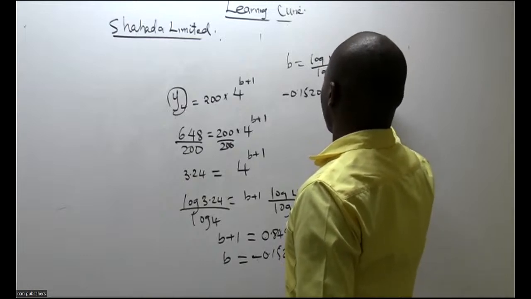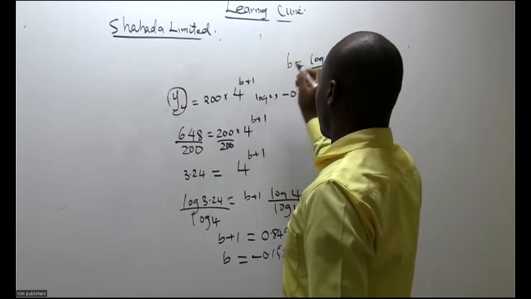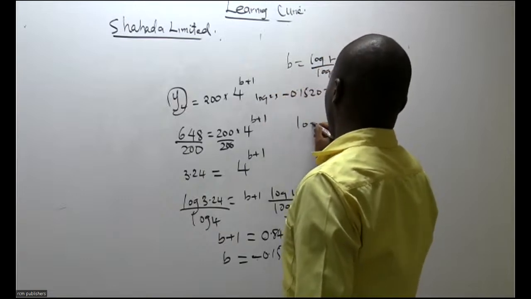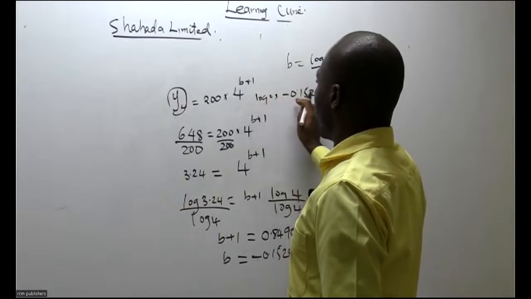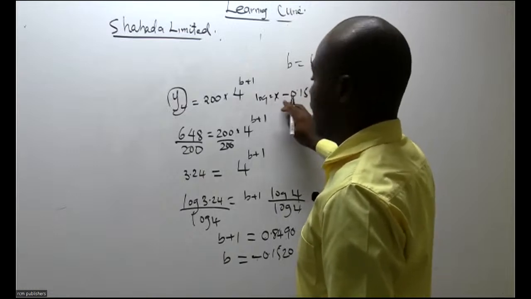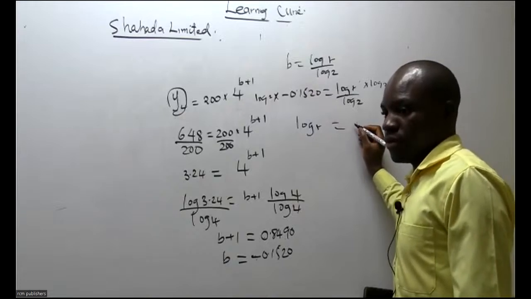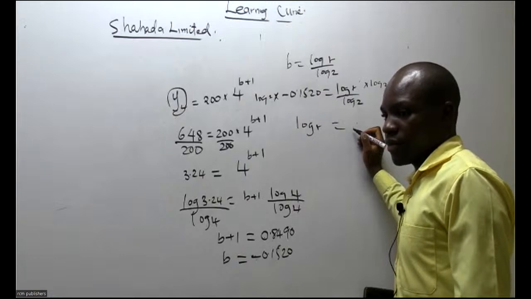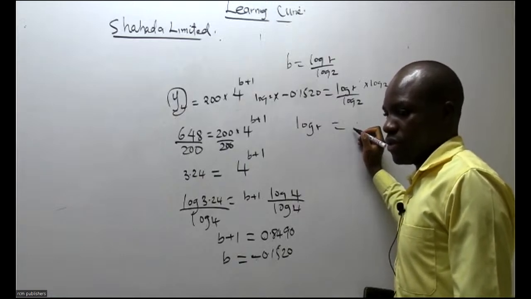So multiply both sides by log 2. Log R is equal to log 2 multiplied by negative 0.1520. What will you have here?